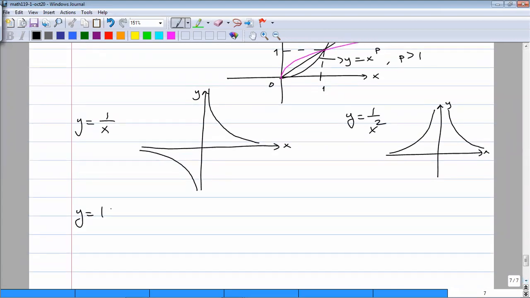Another important function may be the absolute value of x. Remember, this is x if x is greater than or equal to 0, and minus x if x is less than 0. So it is always positive.